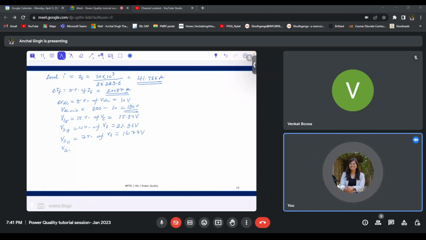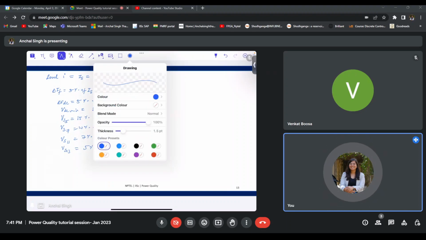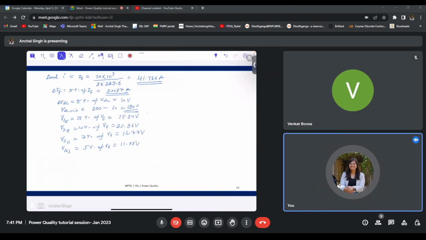And Vs13, which is the last harmonic, is given as 5% of Vs. It will come out to be 11.98 volts. As I have told you before, as the harmonic order increases, the magnitude decreases.